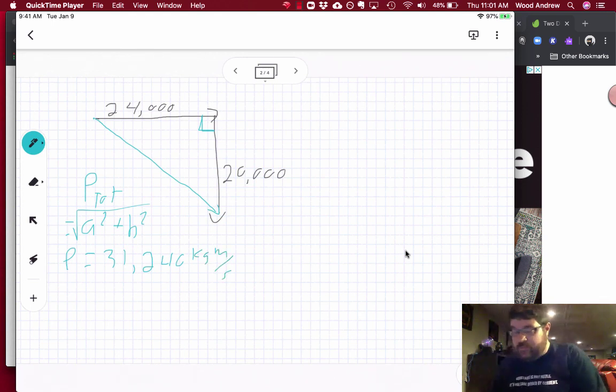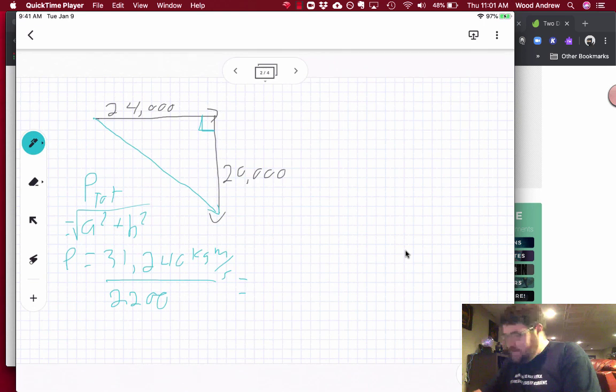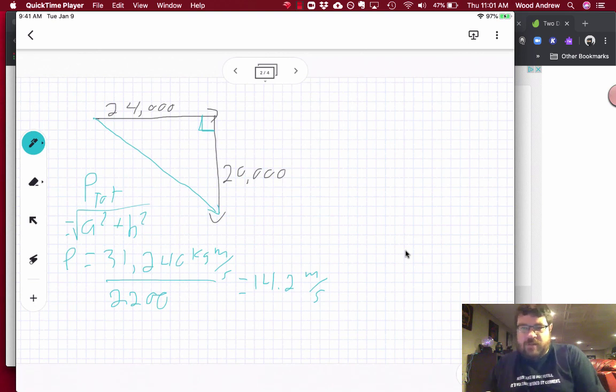Of course, we're not looking for a total momentum. We're looking for our new velocity. So we need to divide that by the combined mass, which would be 2,200. So I get a velocity of 14.2 meters per second. Since this is a momentum problem, velocity by itself isn't enough. We also have to have direction. So we're looking for this angle here, we'll call that theta.